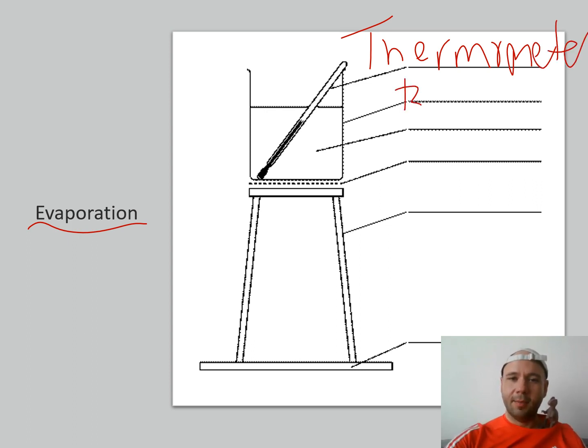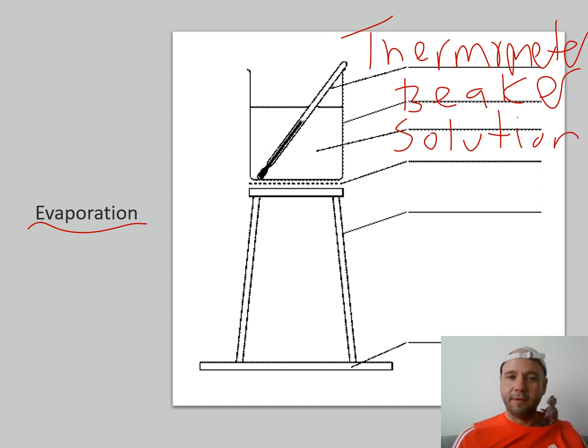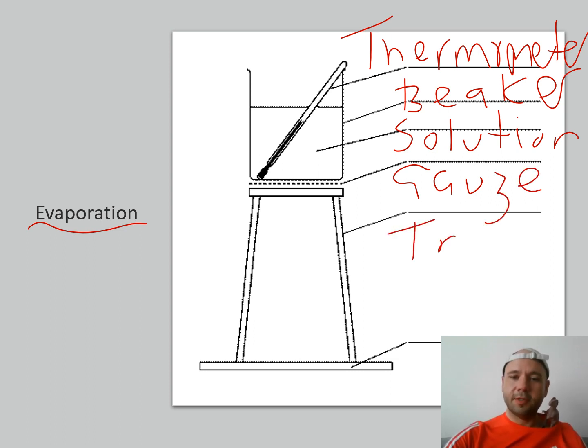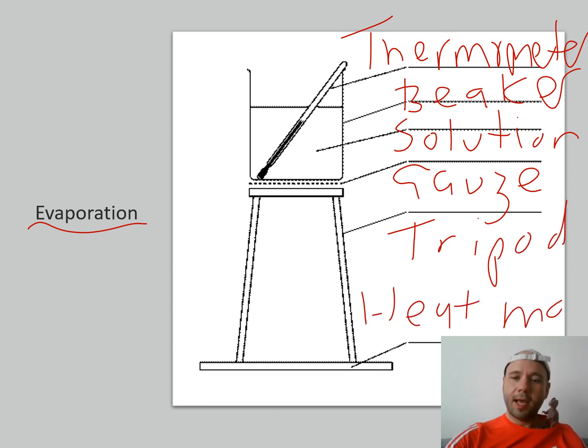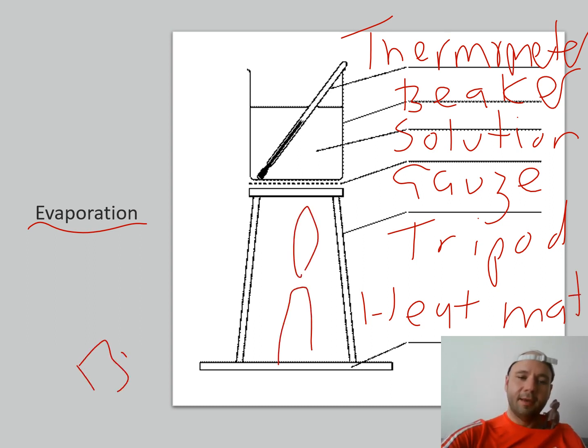We need a beaker. We need our solution, our salt water solution that we have separated during filtration. We would need a gauze to place our beaker on top of, a tripod, obviously a heat-proof mat, and we would also need a heat source in the form of a Bunsen burner.